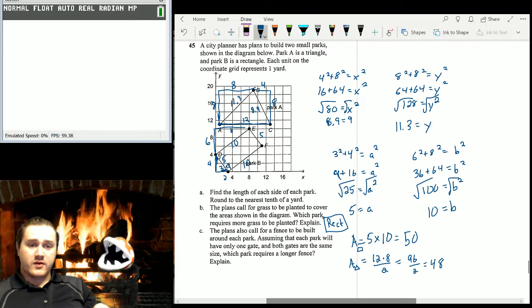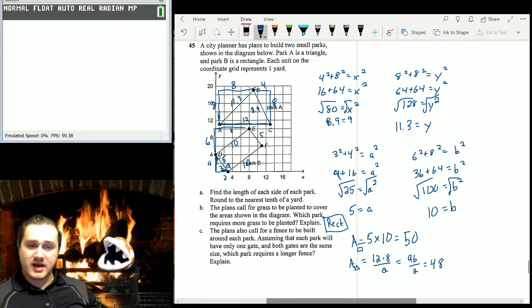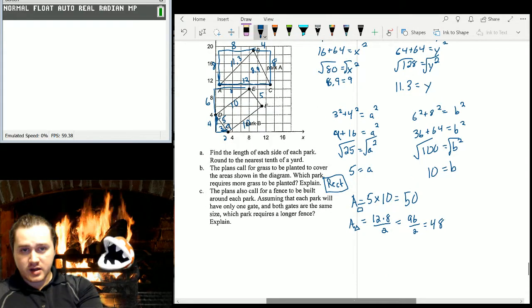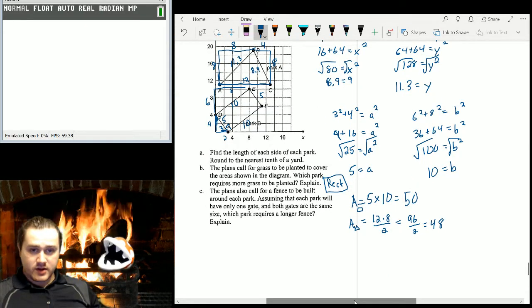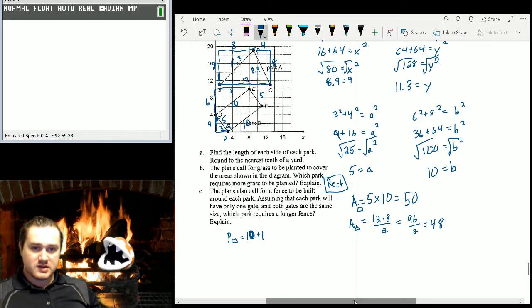Now when they're talking about the fence, we're going to add up all the sides. Fence would be the perimeter. So if I do it for the rectangle, it would be 10 plus 10 plus 5 plus 5, which is a total of 30.